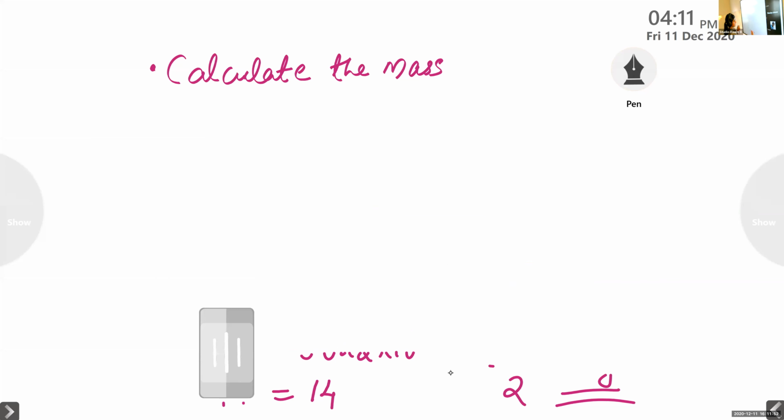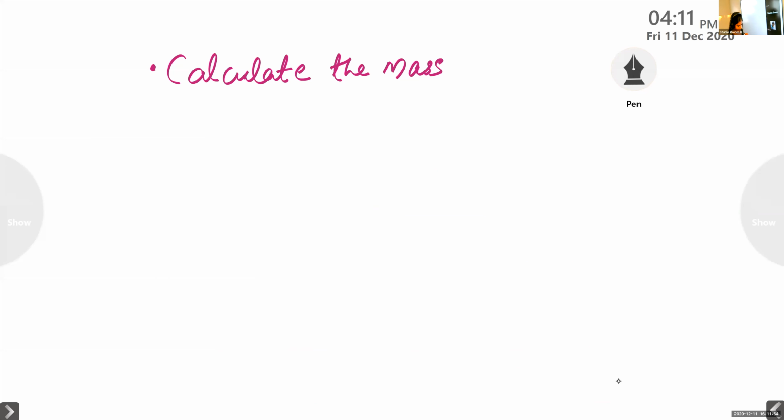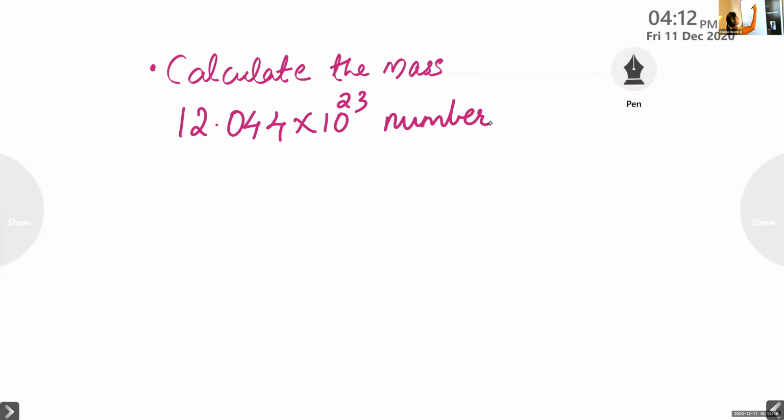The question is that 12.044 into 10 raised to 23 number of N2 molecules.